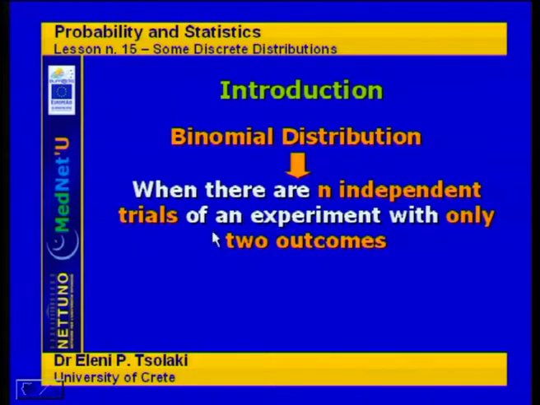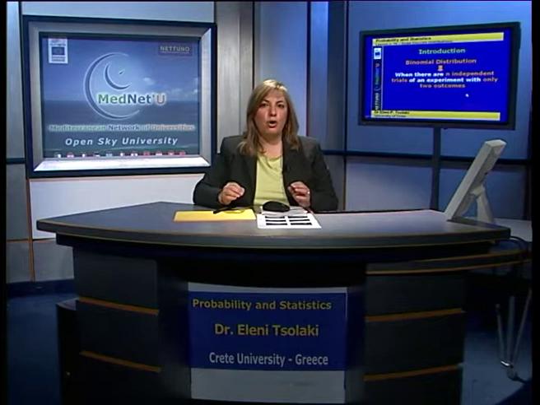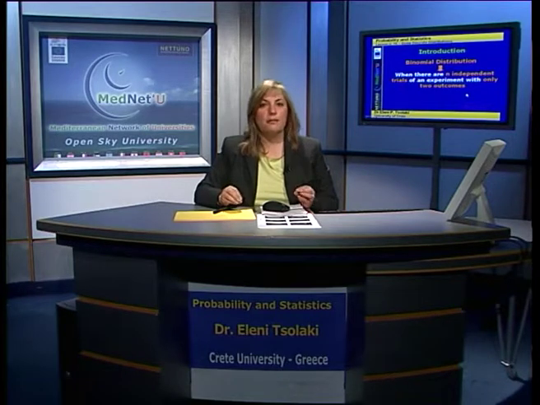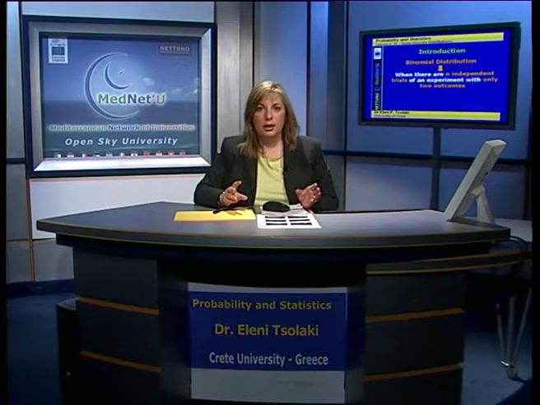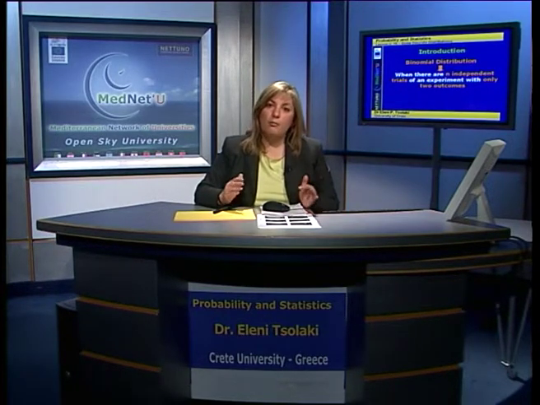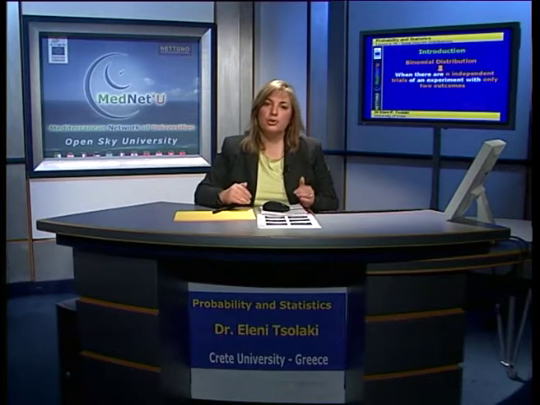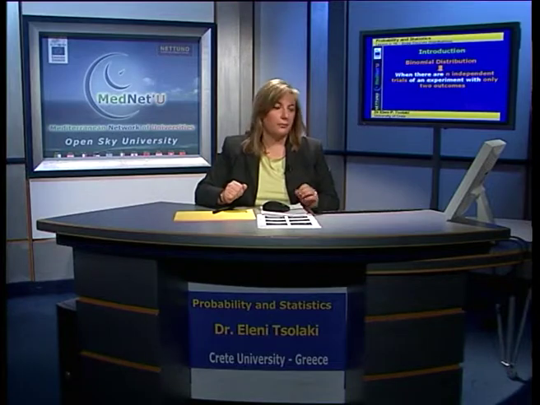It's when our experiment consists of n independent trials with only two outcomes. It is important that we have only two outcomes for each trial. We cannot have more than two. We cannot use the binomial distribution in any other case.